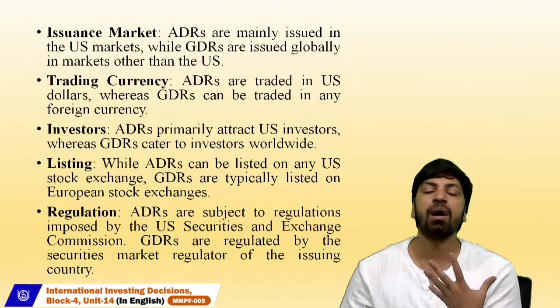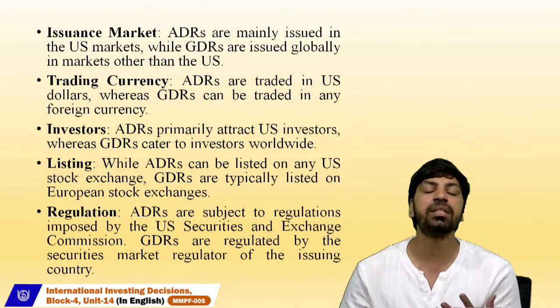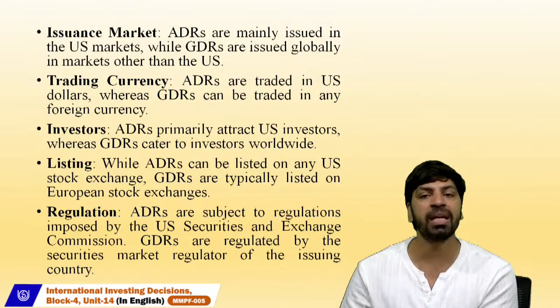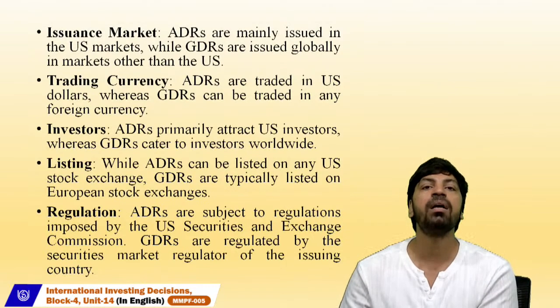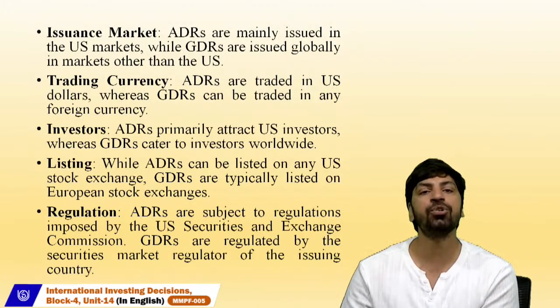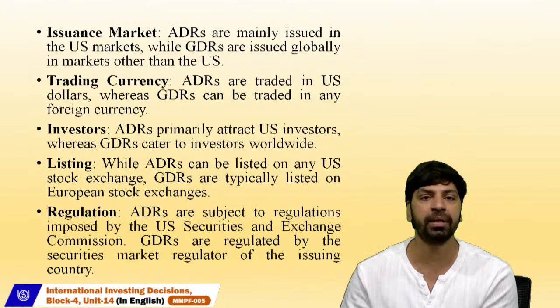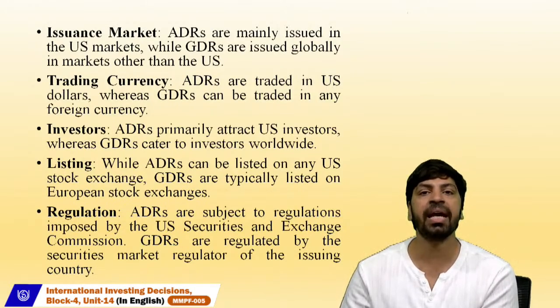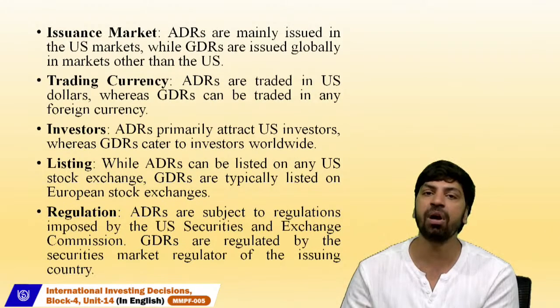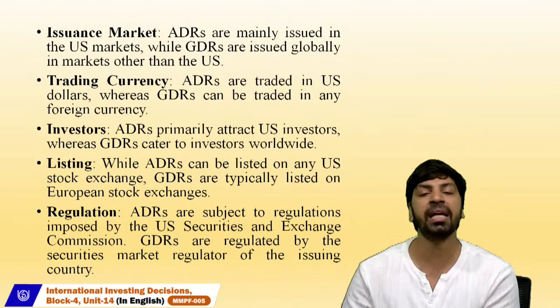Now we talk about the key differences between these two major concepts. The first one is the issuing market. ADRs are mainly issued in the US market and GDRs are issued globally. Trading currency: ADRs are traded in US dollars and GDRs in any foreign currency.